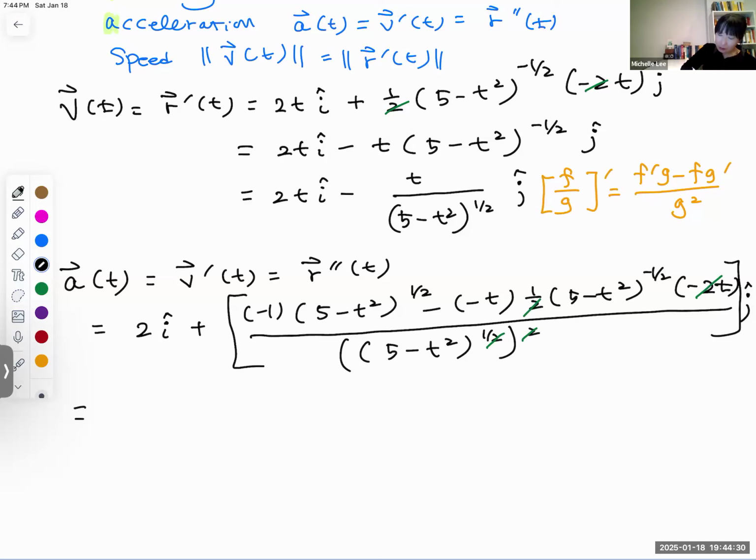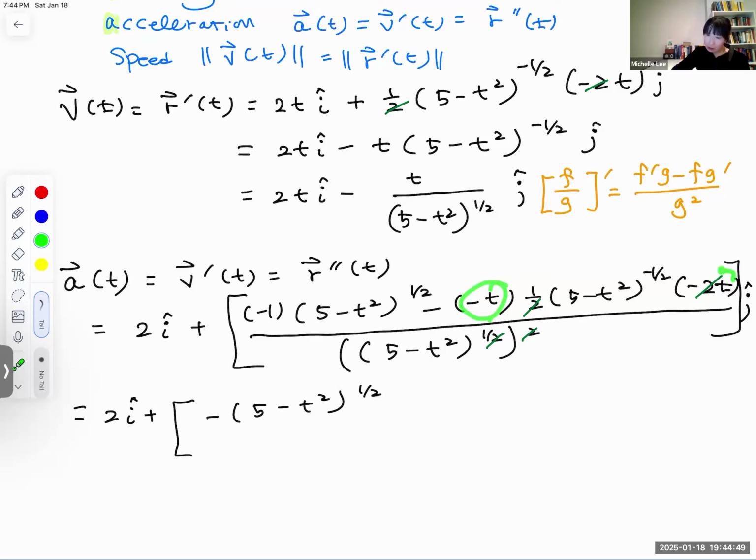So we will have 2 i hat plus negative 5 minus t squared to the 1/2, and we have negative t, which is positive t squared, well, we have a negative, so negative t squared, and 5 minus t squared.